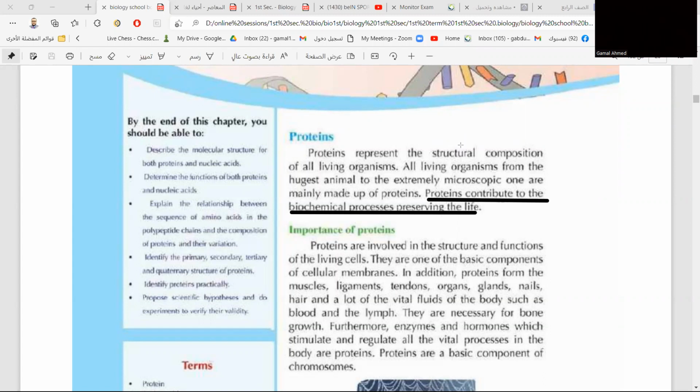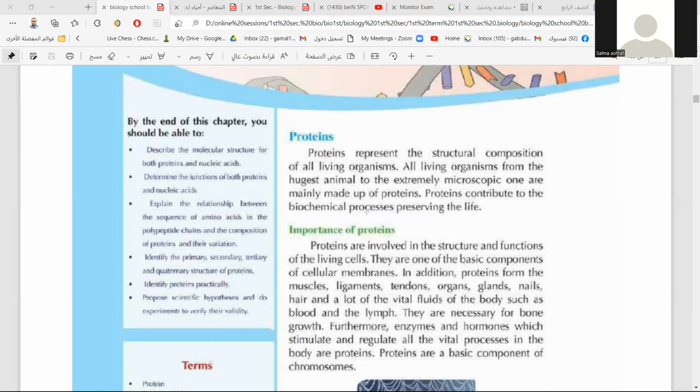The blood contains a certain protein, and many liquids in our body may have proteins, and some parts of the body like nails and hair, and in animals the hooves or the horns are made of protein also. So protein makes up a big percentage of our body and of the body of living organisms.